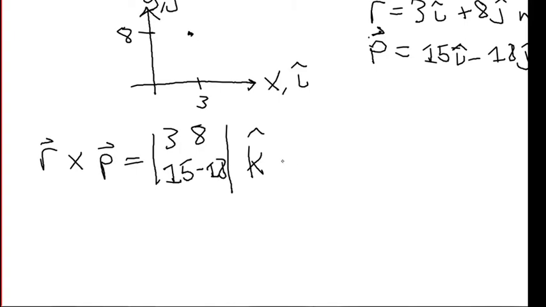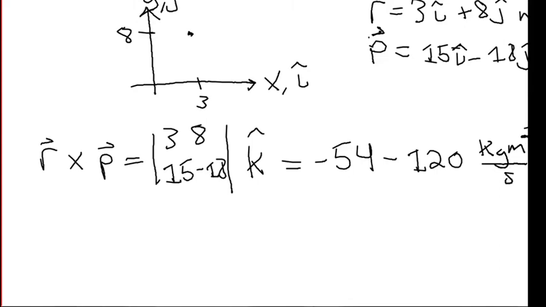So 3 and negative 18 is negative 54, and then 8 and 15 is subtracting 120, kilogram meters squared per second in the k hat direction.